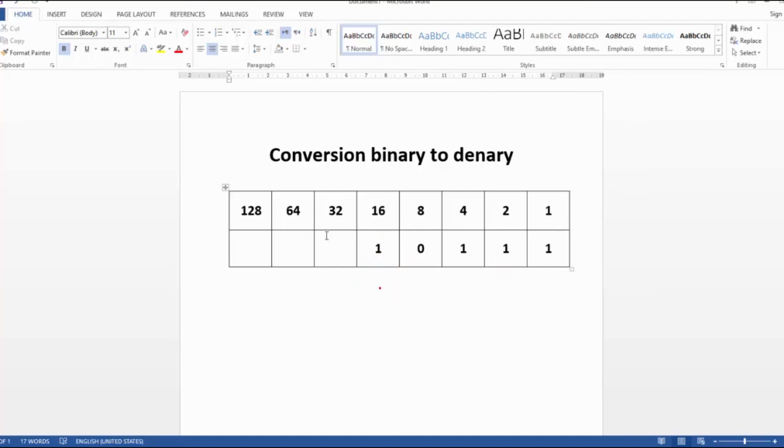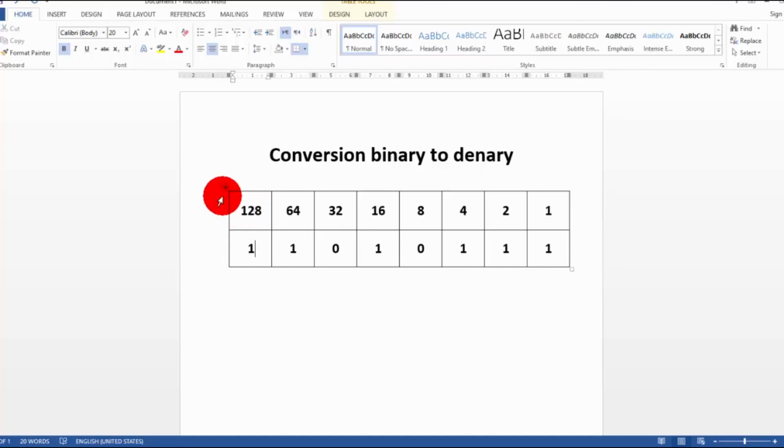Okay, now another question arises in the minds of students: what if there are more bits, right? Let's suppose it could be 12 bits. So how can we fit it into this number system? We have to double the current number, right? Let's suppose 1 2 4 8 16 32 64 and 128.